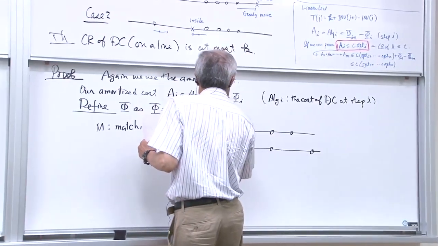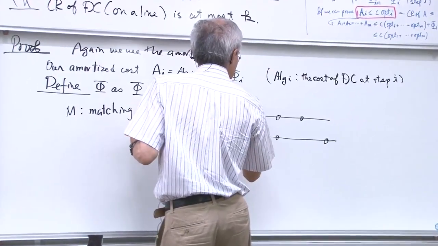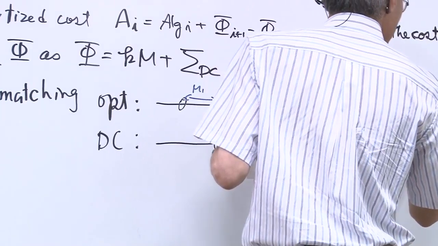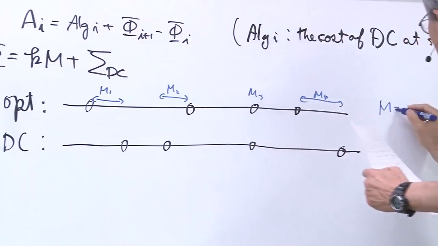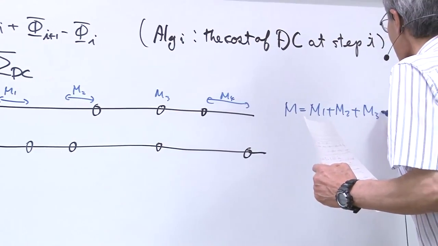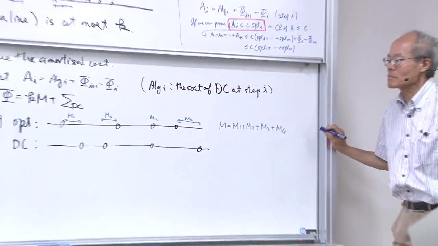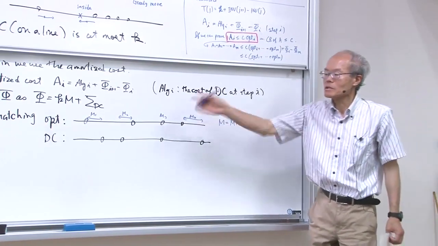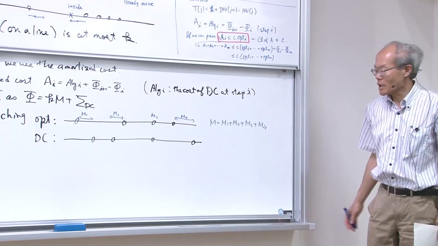Here, M is equal to M1 plus M2 plus M3 plus M4. What's the value? Just a matching, kind of total difference between opt and DC. This is M.